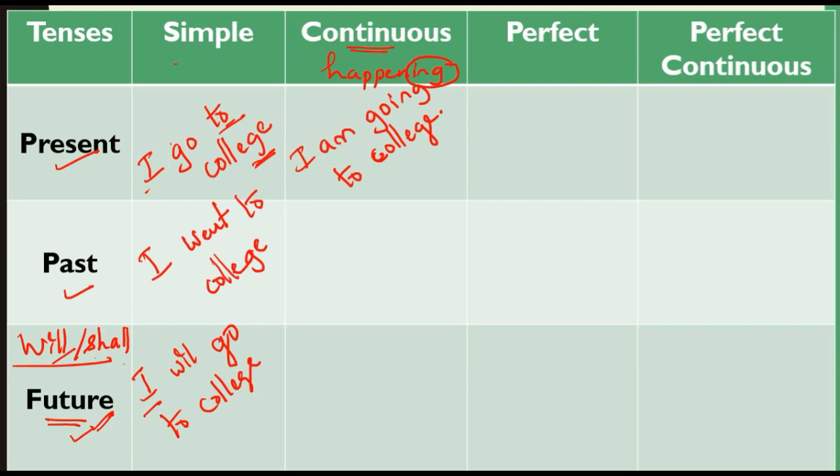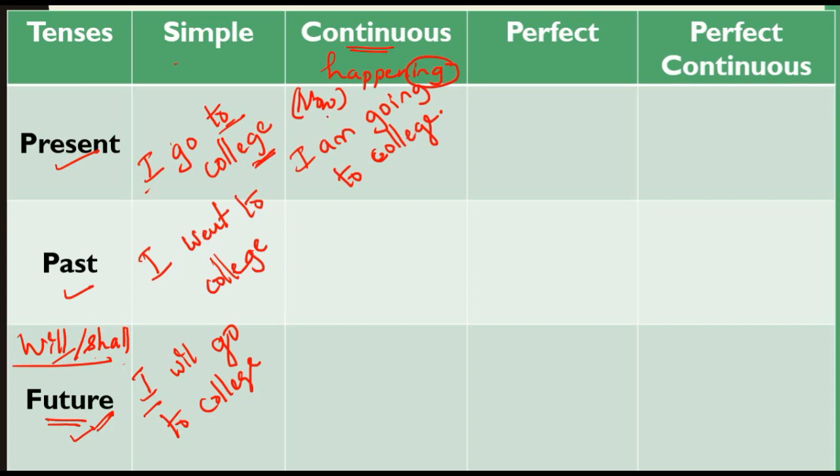What are we doing? What are they doing? What are teachers doing? What are students doing? Automatically this pattern comes into picture where you are talking about an action which is happening now. The keyword over here is an action which is happening now at this moment.